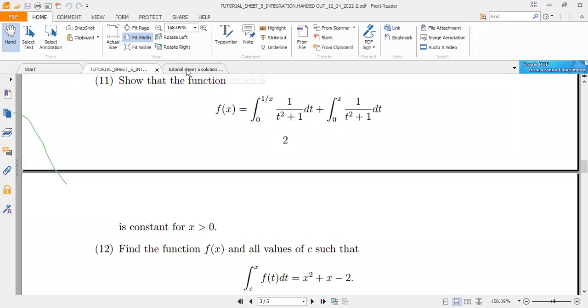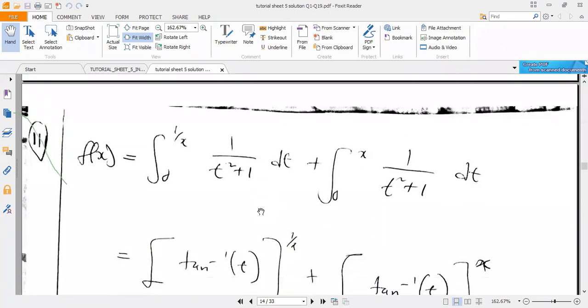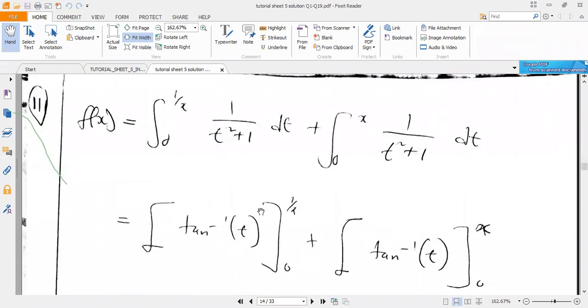So now when you play around with 1 over t squared plus 1, we didn't show the step, but there's a standard result: the integral of 1 over t squared plus 1 is tan inverse of t. So we have tan inverse of t from 0 to 1 over x, plus this one as well, tan inverse of t from 0 to x.